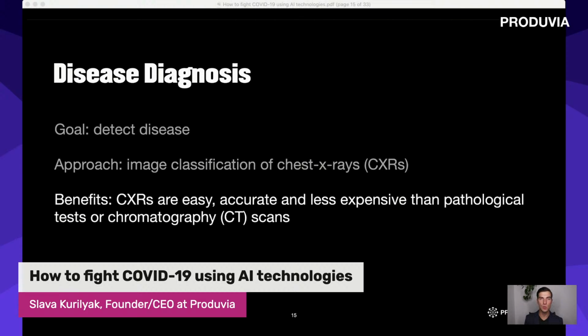Here we're aiming to use a slightly more accurate technique of taking a photograph of the person's body, right? CXRs are an amazing, very common technology that is now being used around the world.